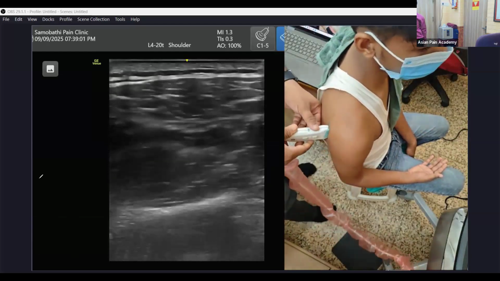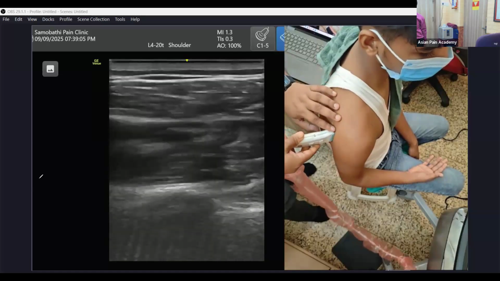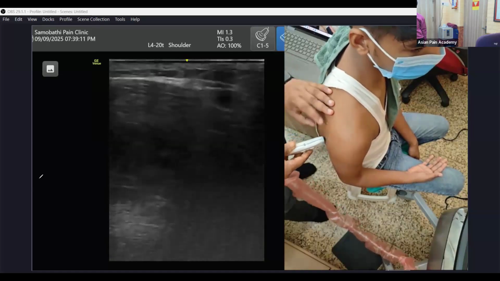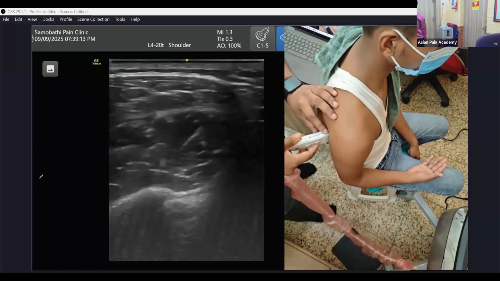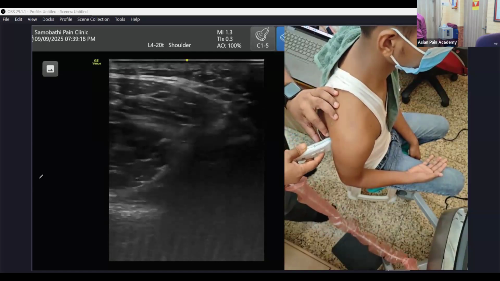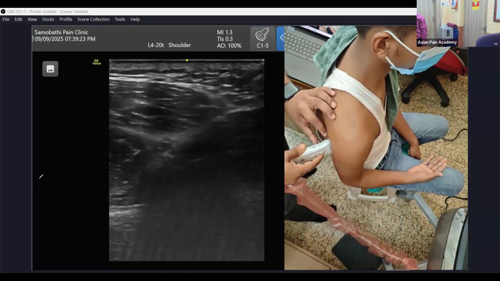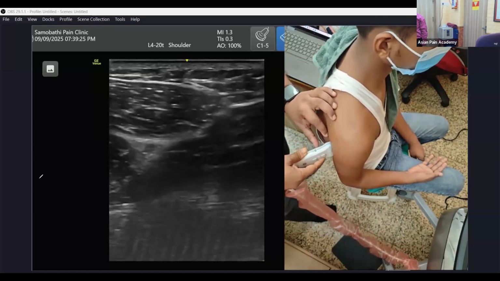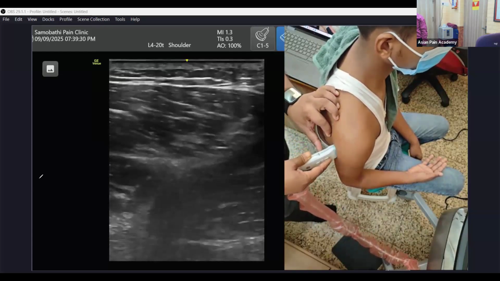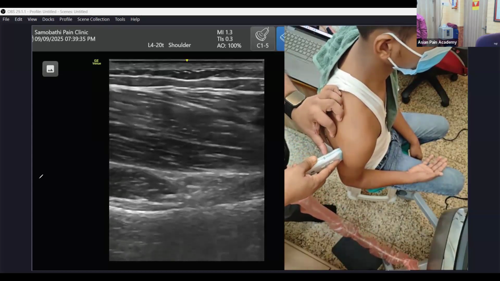So first we are finding out the infraspinatus, and then we are finding out the teres minor muscle, and teres major muscle, continuing lateral to find out the long head of the triceps going under the teres minor, and then further going lateral, and where the long head ends and the shaft of the humerus begins, at this point we start seeing the vessels.